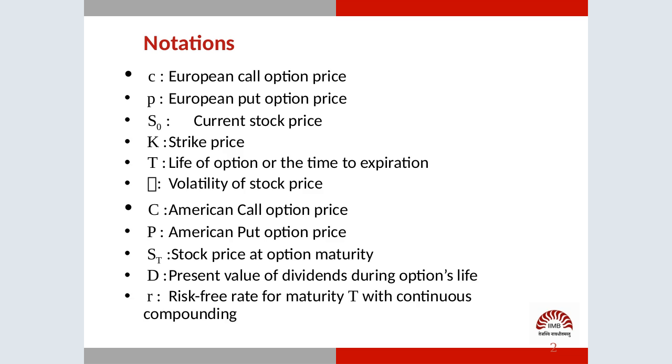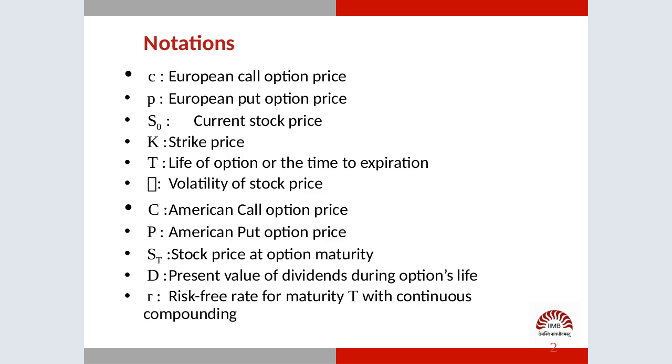So small c is the price of the European call option, capital C is the price of the American call option, and similarly small p is the price of the European put option, capital P is the price of the American put option. Now, any option price is dependent on 5 terms.